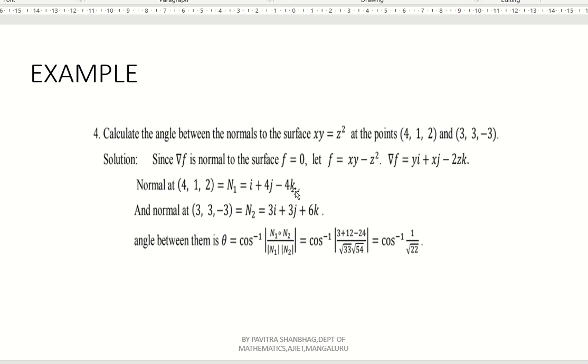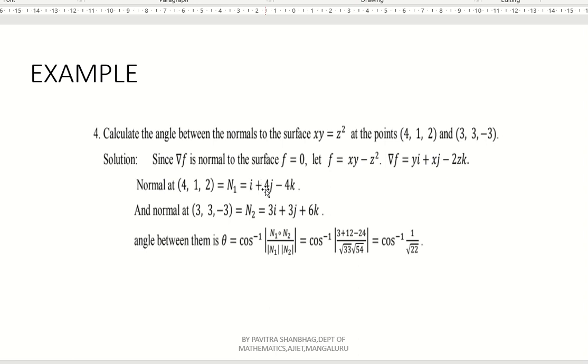So i plus 4j minus 4k, right? Now what about the second point? x is 3, y is 3, z is minus 3. Replace here. So what you will get? 3i plus 3j plus 6k, because minus 2 into minus 3, right? Plus 6k. So we are getting n1 different, n2 different here.